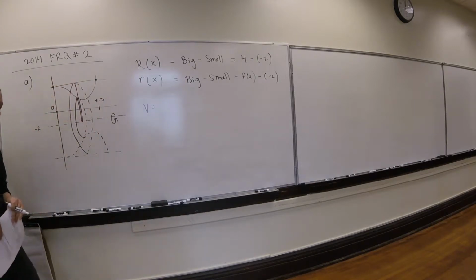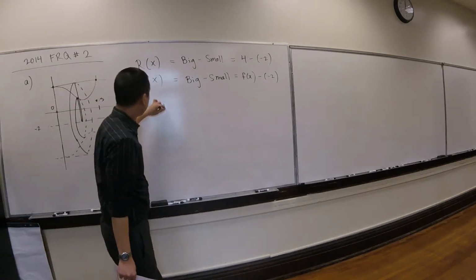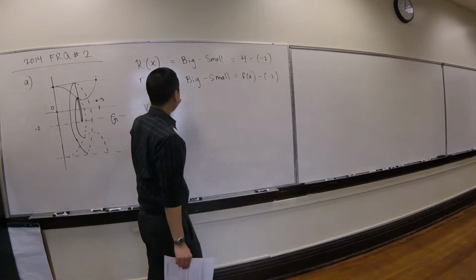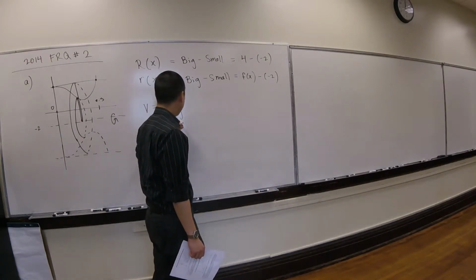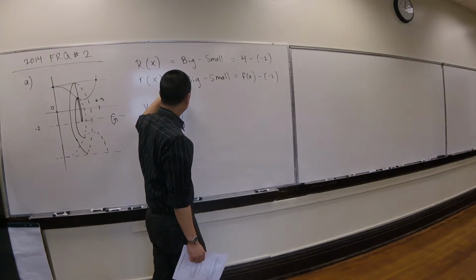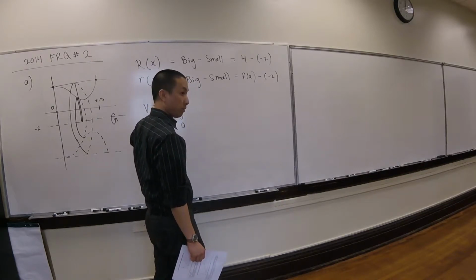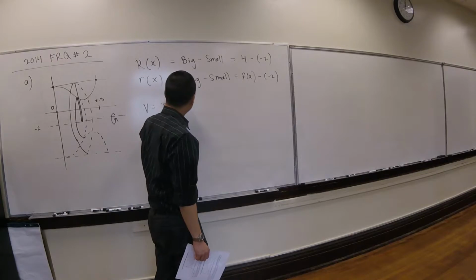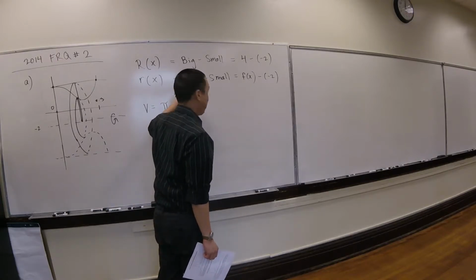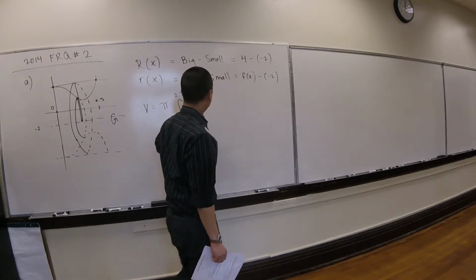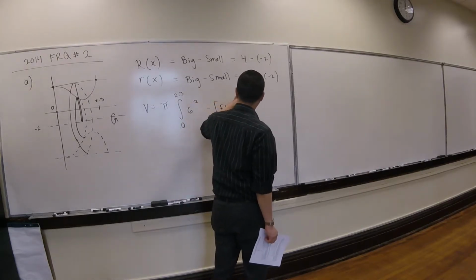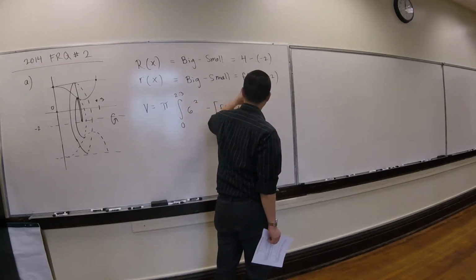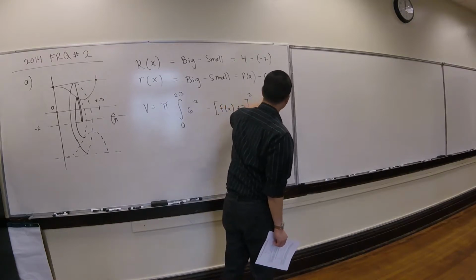So what is the volume of this solid? So it'd be pi times the integral from 0 to 2.3 of big R squared minus little r squared dx.